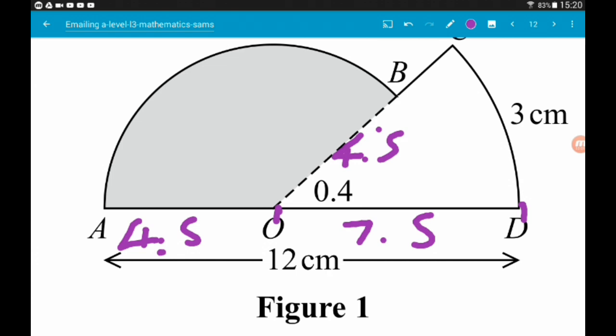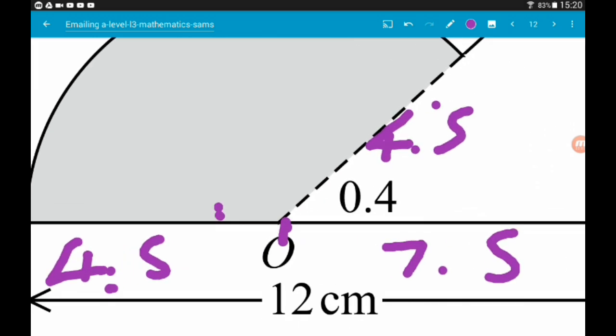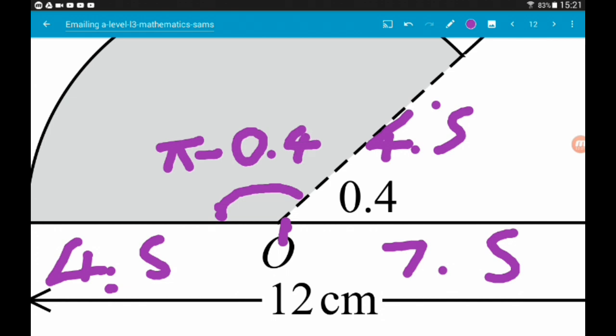We also need to work out the angle of the sector. In degrees, angles on a straight line add up to 180 degrees. 180 degrees is pi radians. So this angle is pi minus 0.4 radians.